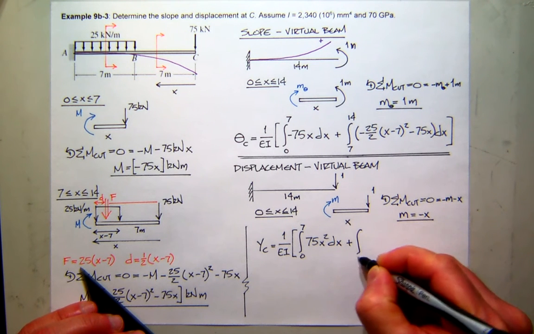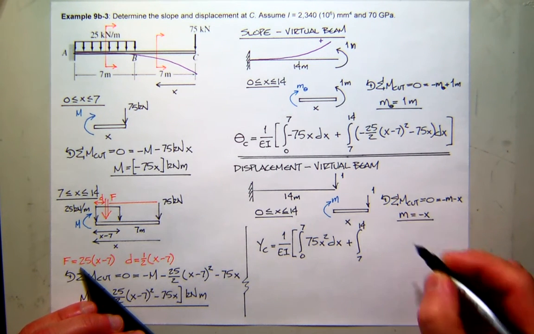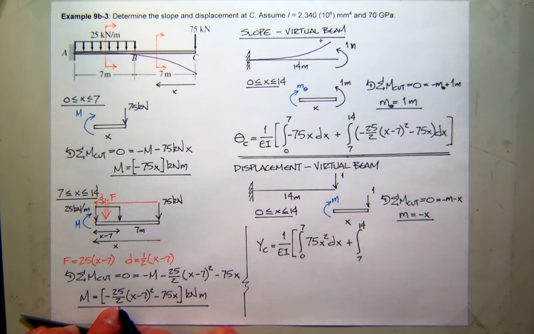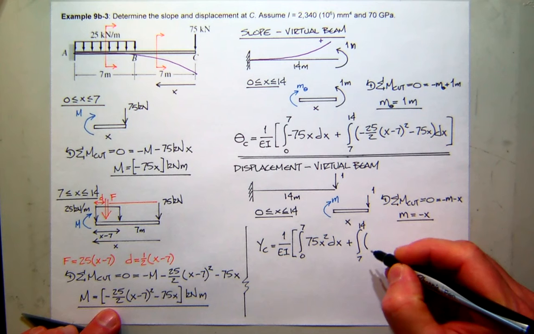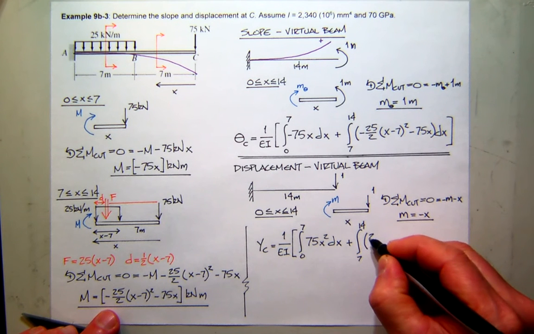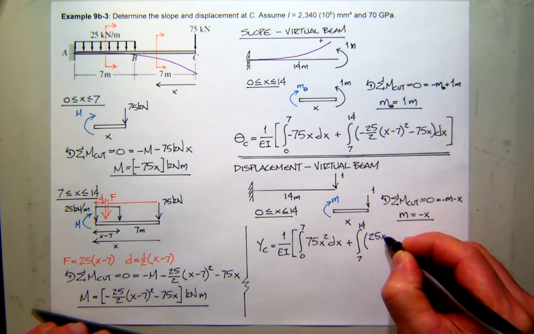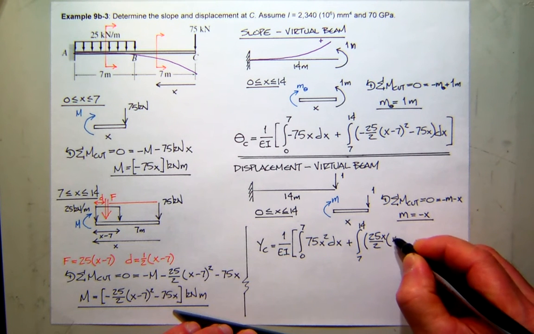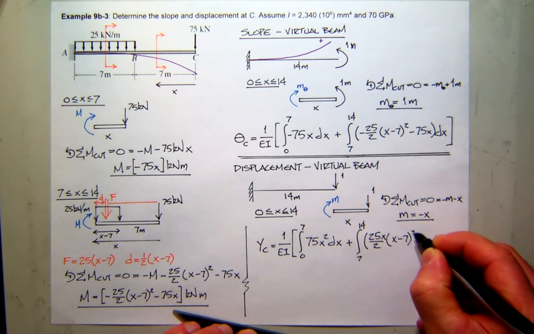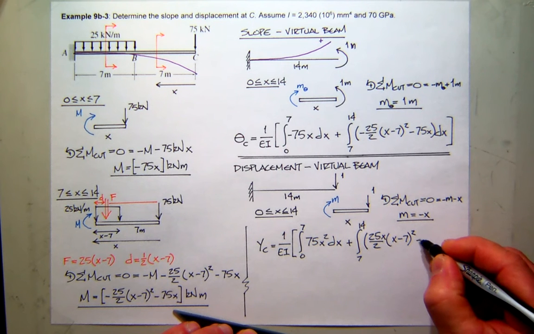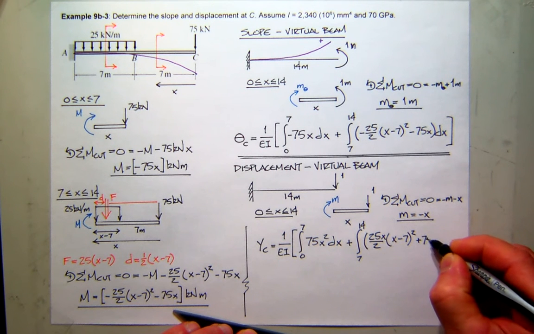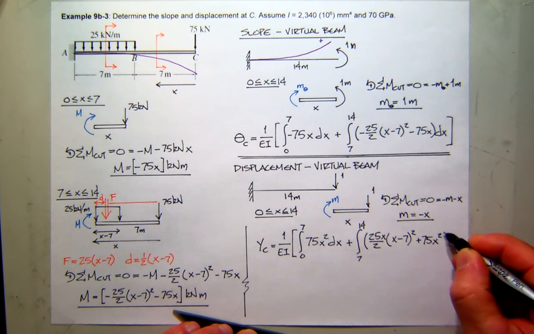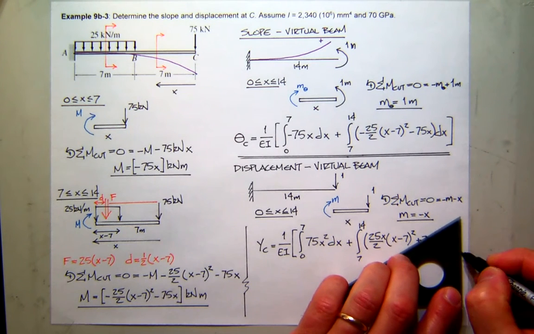And then plus the integral from 7 to 14. And again, negative x comes into here. I'll just run that through again. So I've got 25x over 2, I still have my x minus 7 squared, and that would be plus 75x squared. And that's dx, and close up the bracket.